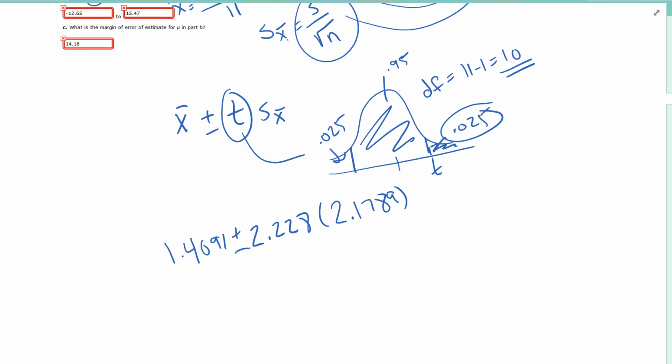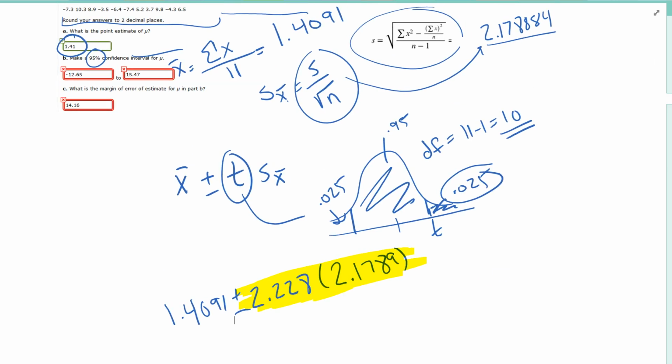This part right here is what's known as the margin of error. Right? 95% will fall within plus or minus this margin of error.